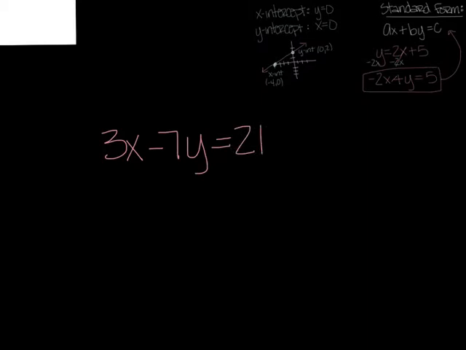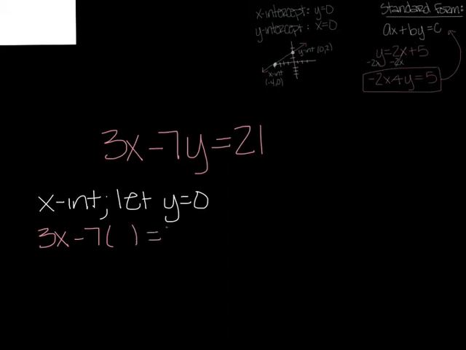To find the x-intercept, we're just going to let y equal 0, because remember, the x-intercept is when y equals 0. So if we rewrite our equation, but instead of y, leave the parentheses, and then plug in a 0 for y.